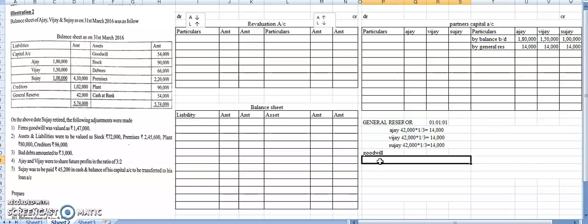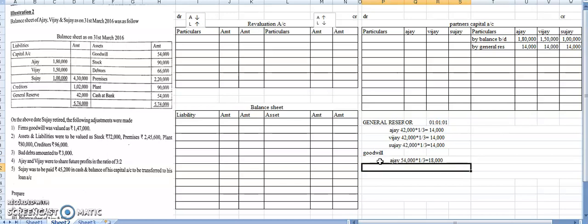So again I am writing the same thing, Ajay, the name of the partner, then we will take the amount of goodwill, that is 54,000, multiplying it with old ratio, so 1 upon 3, and the answer comes to 18,000.